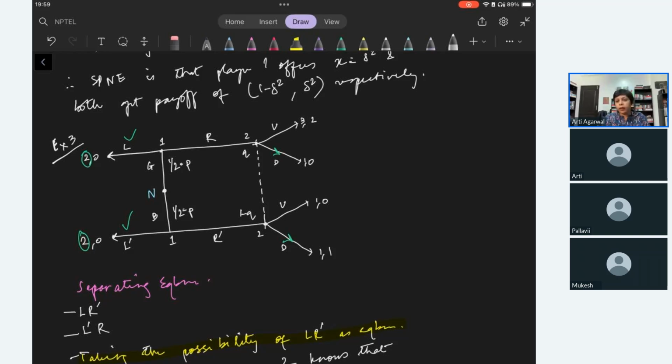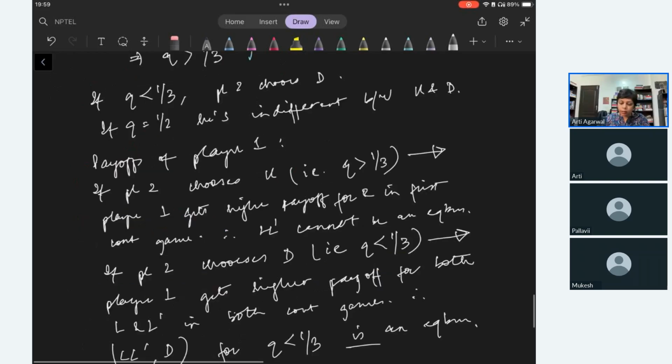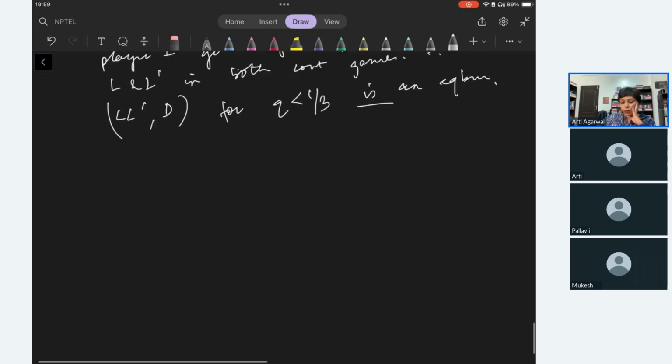And U comma D, he gets average of 1 because his payoff is 1 and 1. So if he plays R prime, he gets 1. If he plays L prime, he gets 2. So L prime is again an equilibrium. Again, I'm writing this because I think this is how it is, but I'm not exactly certain. So I will post a note on the discussion forum afterwards once I've checked this, because this is not given anywhere actually.